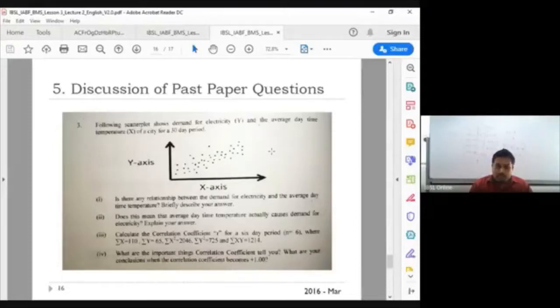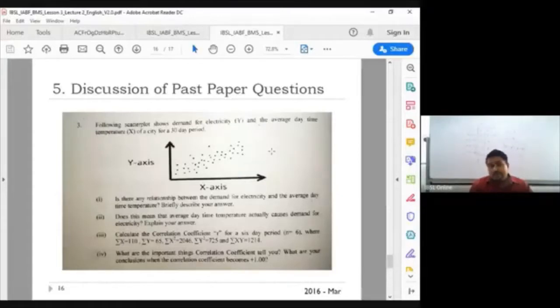Maybe similar to temperature, what about the rainfall? What about the population of that city? Population may vary. You may get some visitors, you may have fewer visitors. What about the working hours? What about, let's say, weekends and weekdays? Could be due to different factors of the day's activities in that town, it could cause electricity demand.